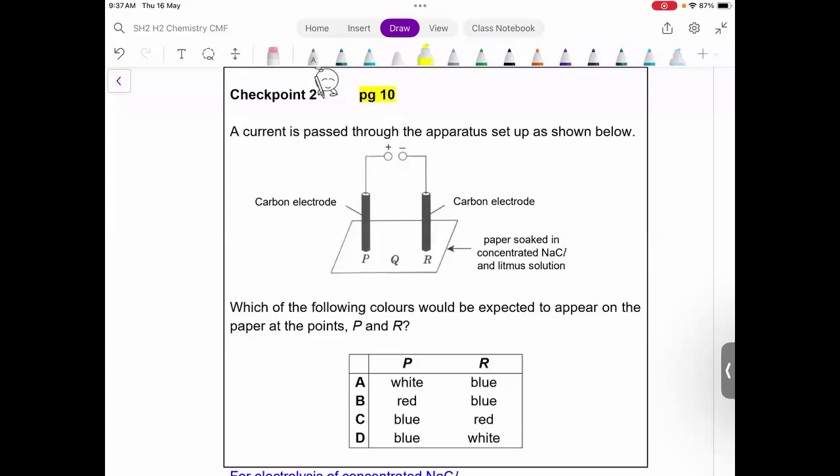Okay, first of all, you must identify where is the anode, where is the cathode. Are you able to tell which one is the cathode, which one is the anode? After identifying the anode and cathode, then you need to consider participation of the different species.